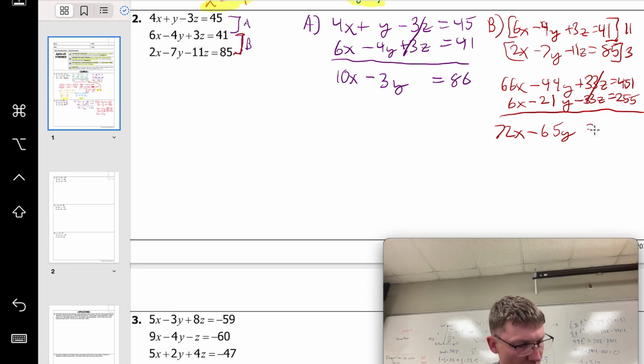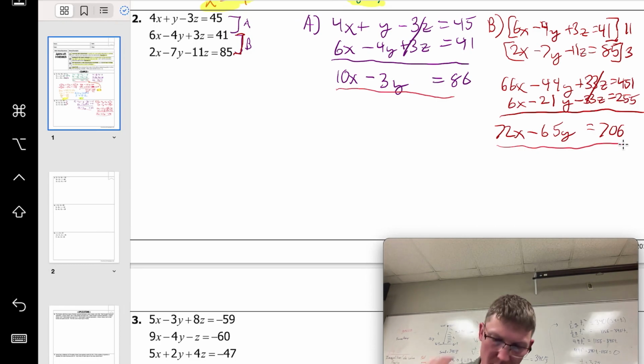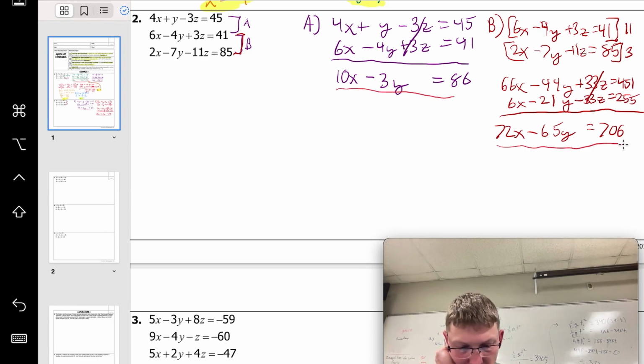And then 451 plus 255 equals 706. So now we have our two new equations that we can combine to get rid of another variable. So right now I'm just kind of thinking.